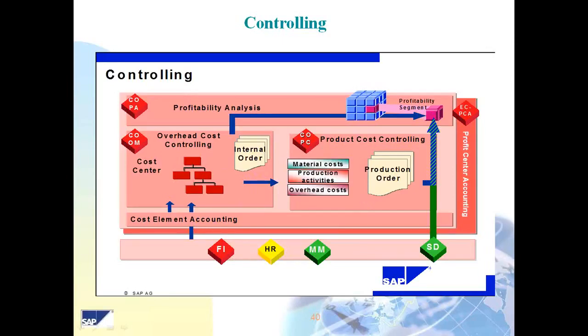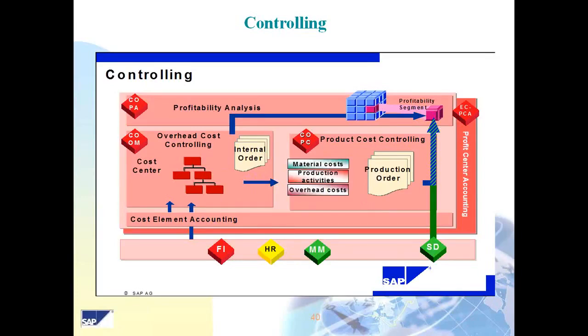We can also compare actual and planned data in order to evaluate the financial results of the profitability segments. Normally COPA is a multi-dimensional analysis. That is, we can draw a dimensional financial report based on product, customer, division, location. So it is also called a reporting tool.